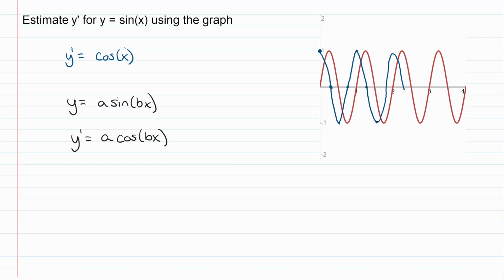The inside term will stay the same, and then using the chain rule, you need to take the derivative of the inside term. And so the derivative of this specific example on the bottom, a generic example that you can use for any sine function, is going to be a times b times cosine of bx. This will apply to any derivative of the function a times sine of bx.